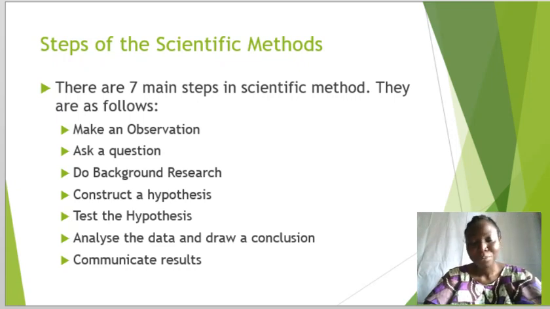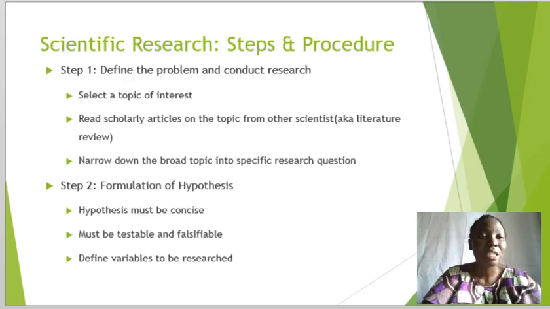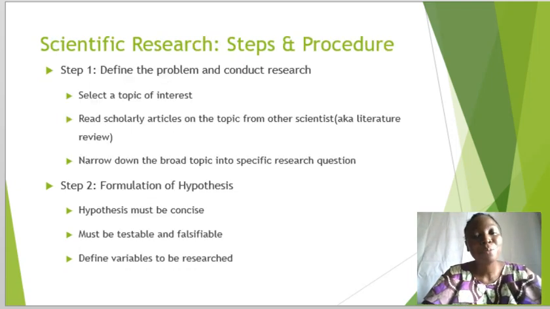Define your problem. What the first step of the scientific research process entails is defining the problem and conducting research. For any research work, for any scientific research, the first thing is define your problem and conduct the research.